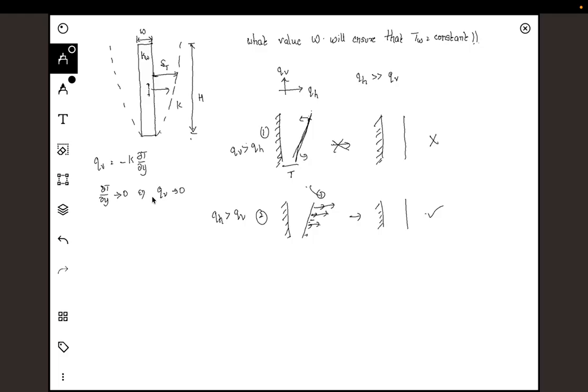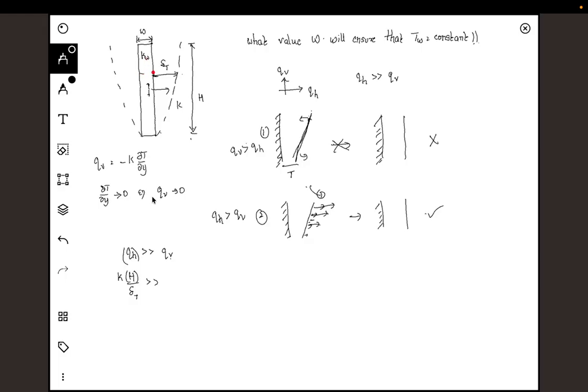Instead of saying QV is exactly zero, what I am saying is QH is very much higher than QV. So if you use the scaling analysis, QH is basically K times the area across which the heat is being transferred, that is H, divided by the thickness, which is delta T, and that is greater than QV. For QV, what is the area?